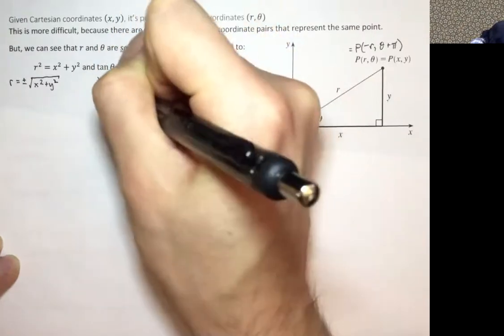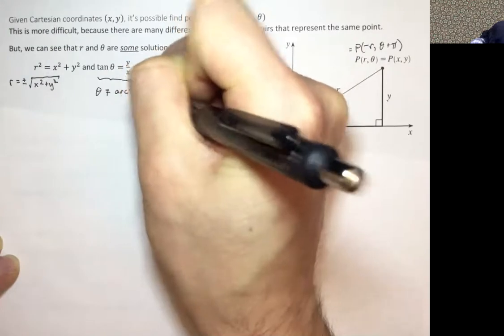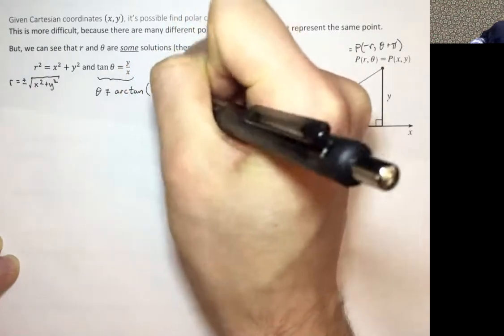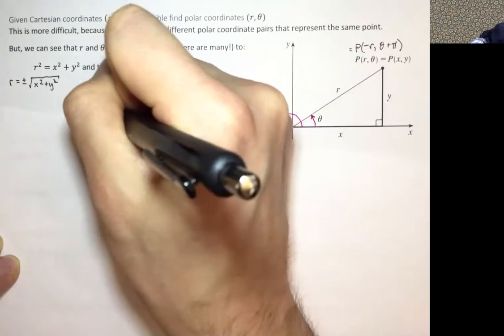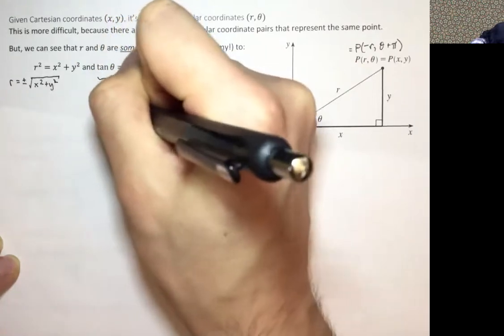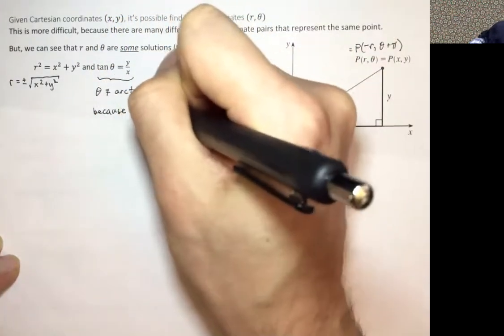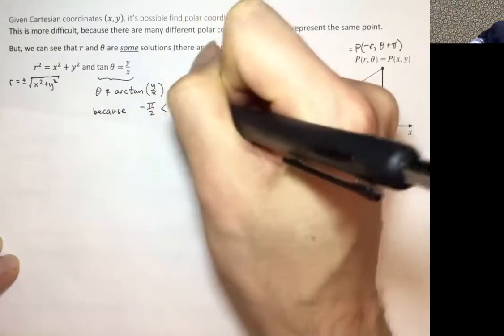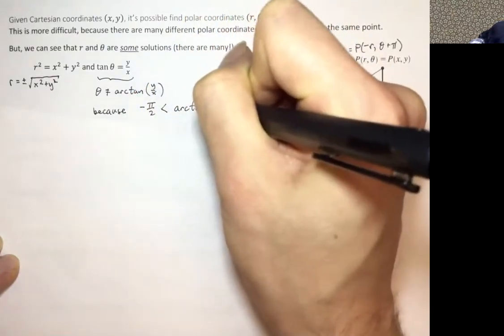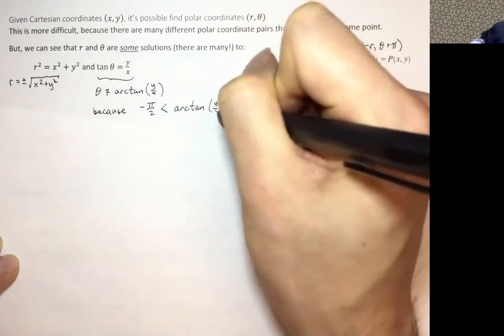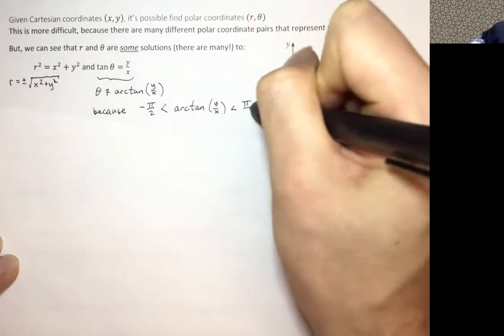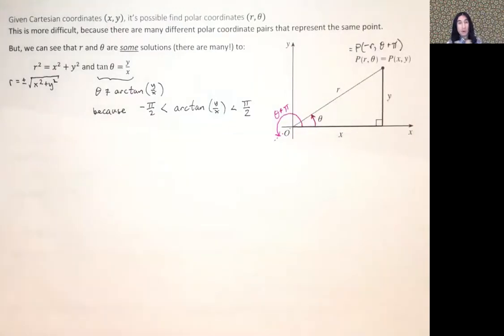Theta is not equal to arctangent of y over x. Why not? Well, because arctangent has a range. So this is one piece of our complication right here. Arctangent only takes a value between minus pi over 2 and pi over 2, because that's where one period of the tangent exists and where we defined the inverse function. So a little bit of review from our earlier chapter 6.6 might be in order there.